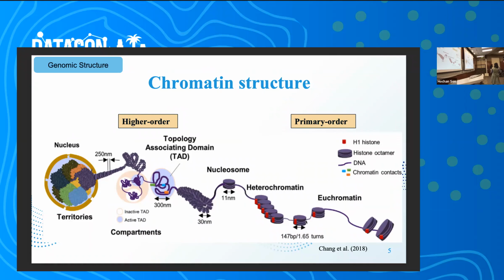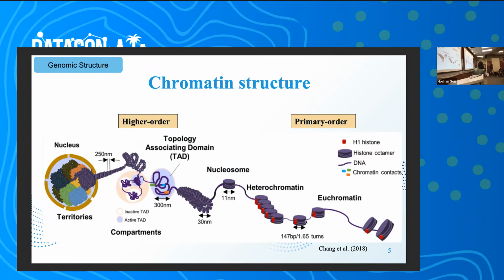The genomic structure is divided into primary order and higher order structure. Under primary order, there are euchromatin and heterochromatin. Under higher order structure, there are the active and inactive compartments. When you zoom into those compartments, you will see a little folding structure called a topologically associating domain, abbreviated as TAD.